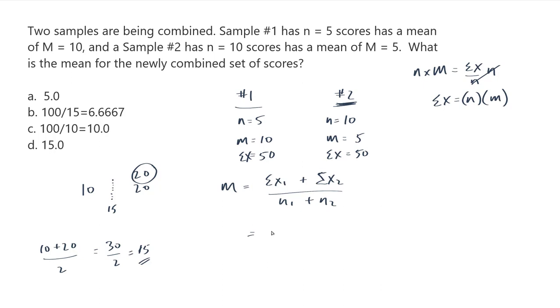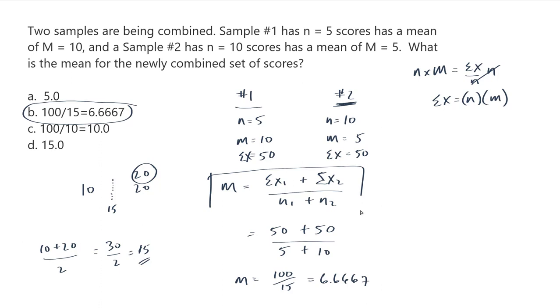So I can now work out that 50 plus 50 over my first sample size of 5 plus my second sample size of 10. This is going to give me 100 over 15, which if you work it out is 6.6667. That is my new mean. That's one way of doing it with this formula.